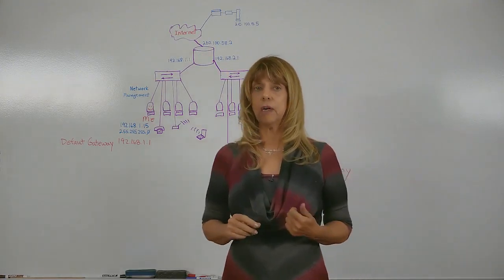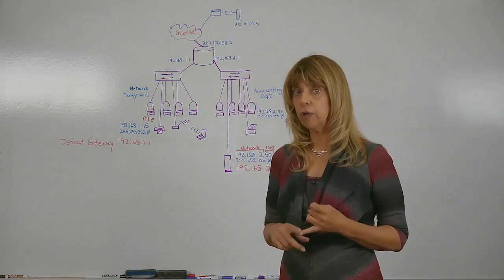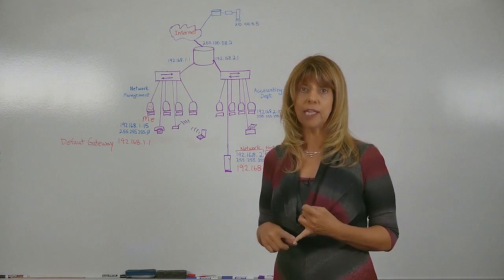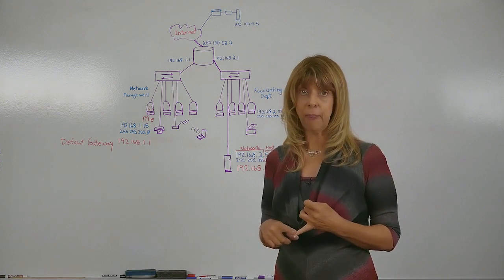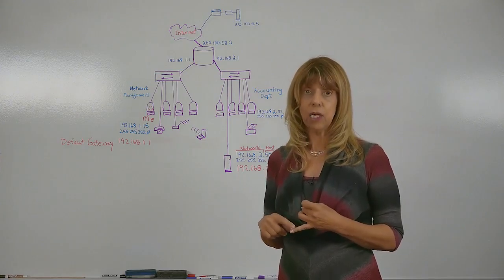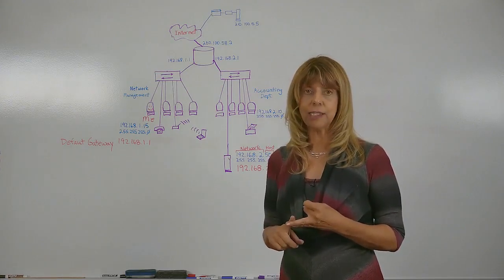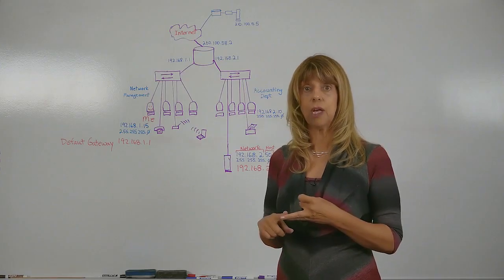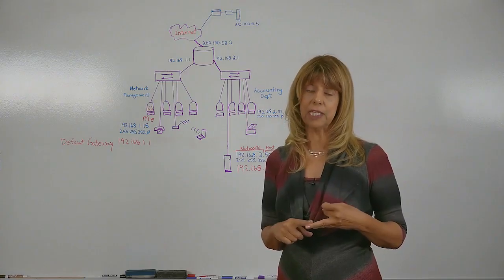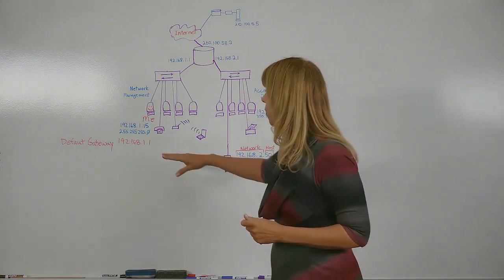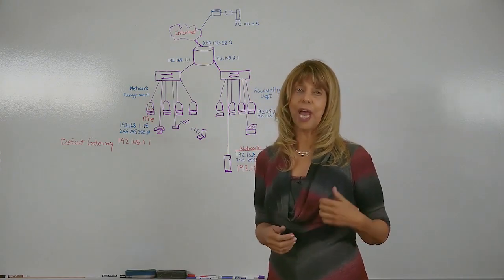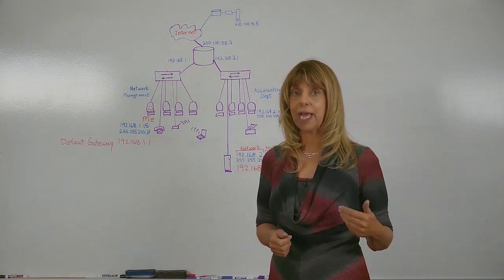As we learned earlier, computers figure out whether or not the destination is on their same local network by going through a process of binary ANDing, which takes the subnet mask and ANDs it with the destination IP address to determine if the network portion of the address is exactly the same as the network portion of the sending host.